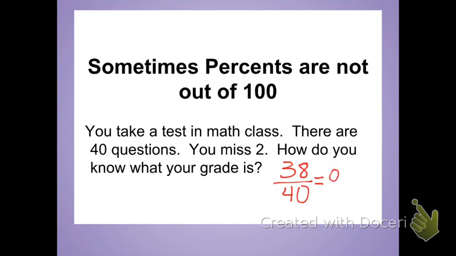Okay, yeah, 0.95. Now is that a percent? It's a decimal. So we have to move it 2 places to the right, and so you got a 95%. And that's how grades are calculated.